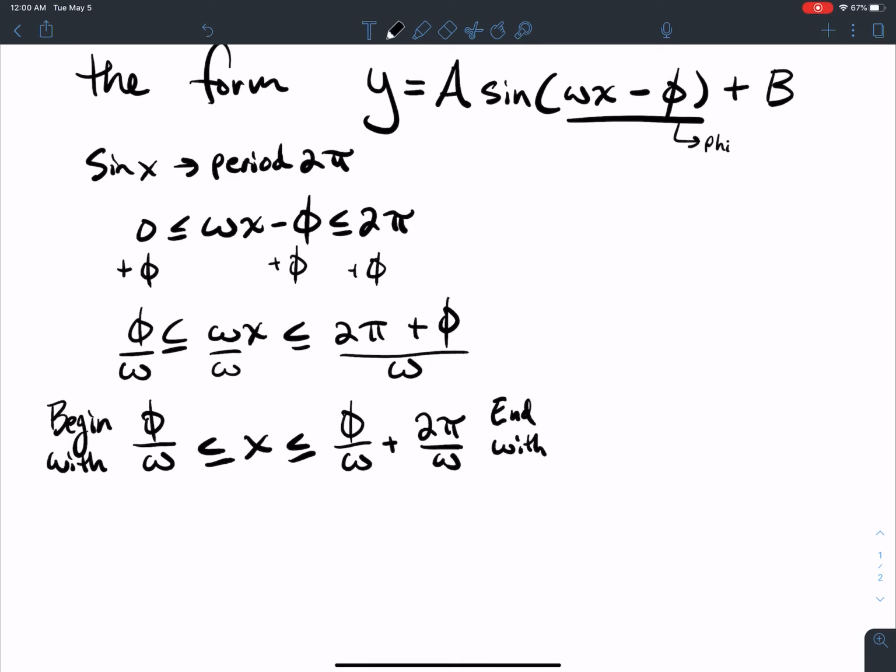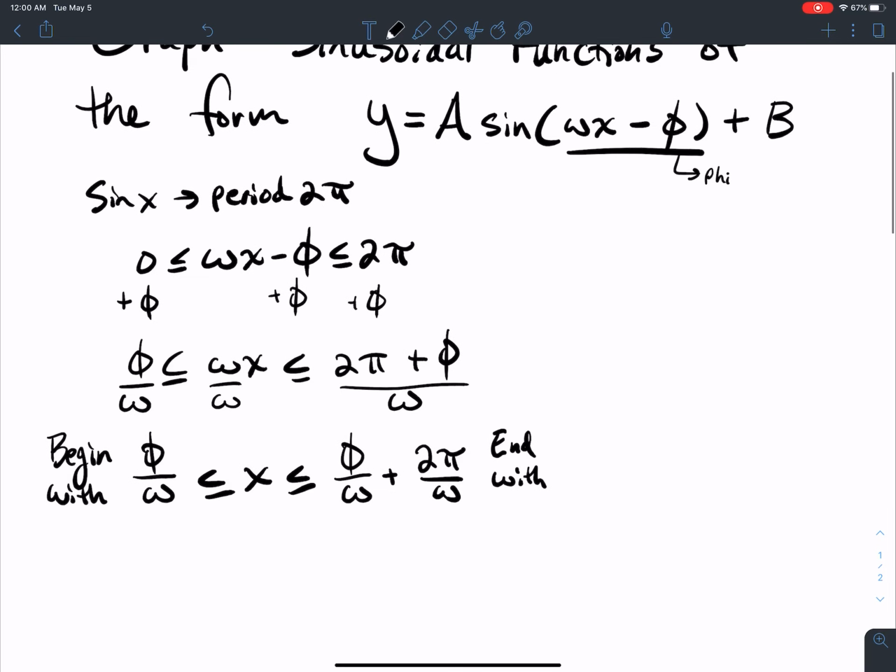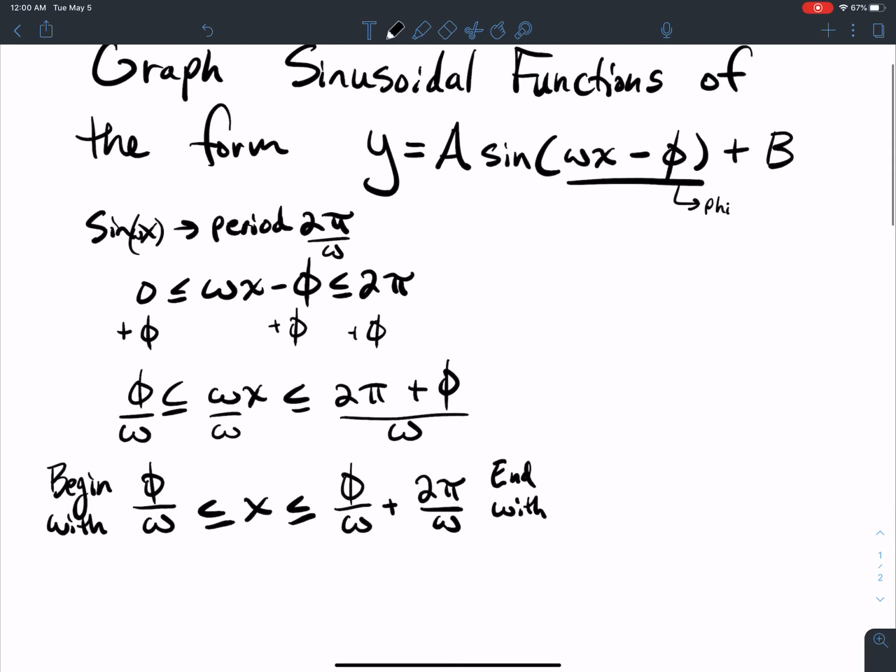Which totally makes sense, if you had sine of omega x, then that period would be 2 pi over omega. So maybe that helps you understand where these pieces come from.